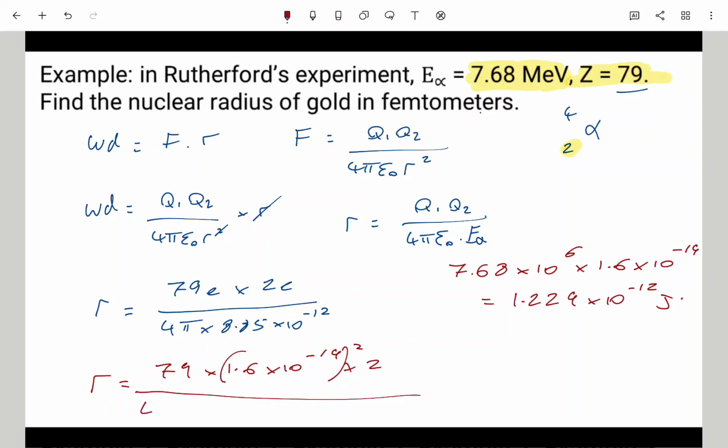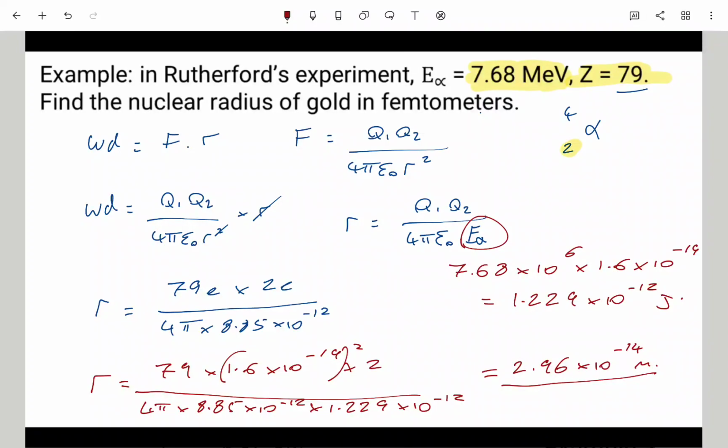Then divided by 4 pi, 8.85 times 10 to the minus 12, and then multiplied by the energy of the alpha particle, 1.229 times 10 to the minus 12. So it's a bit lengthy. That gives us 2.96 times 10 to the minus 14 meters.